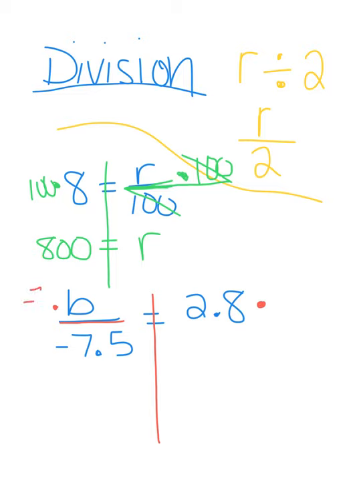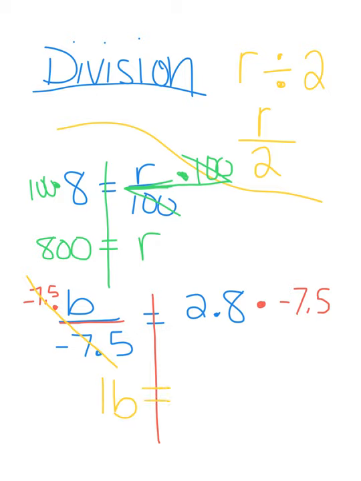So we're going to multiply by the negative 7.5. Whatever we do to one side, we do to the other. Why am I multiplying by the negative 7.5? Because a negative 7.5 divided by a negative 7.5 leaves me with the whole number 1. Anything divided by itself is 1.